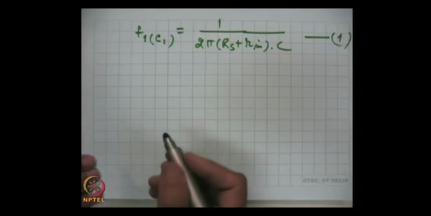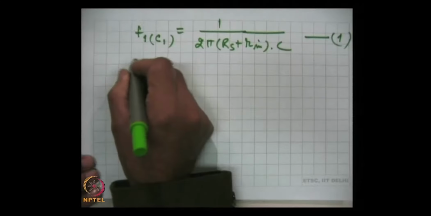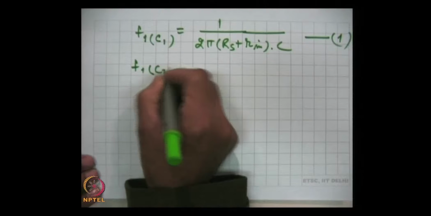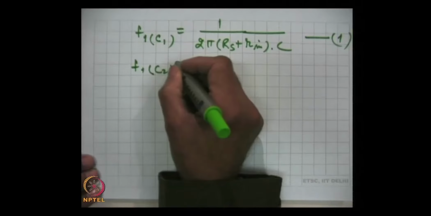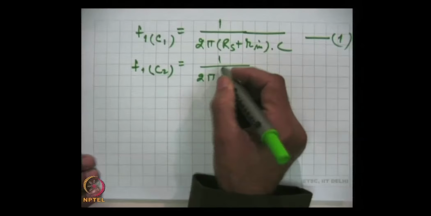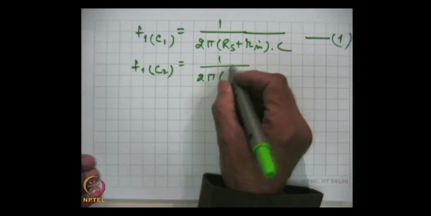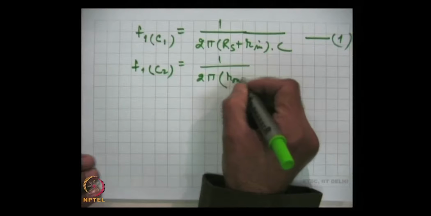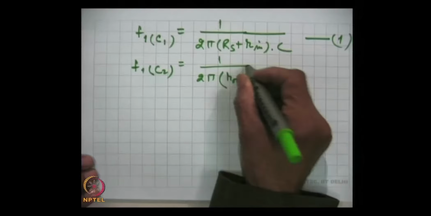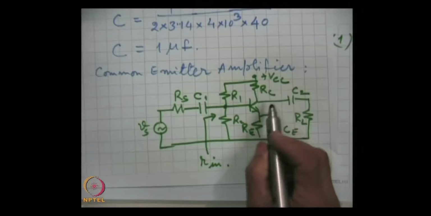Then similar expressions will be F1 because of the capacitor C2 at the output circuit, here 1 by 2 pi (R out plus R L) into C. Here what is the impedance?